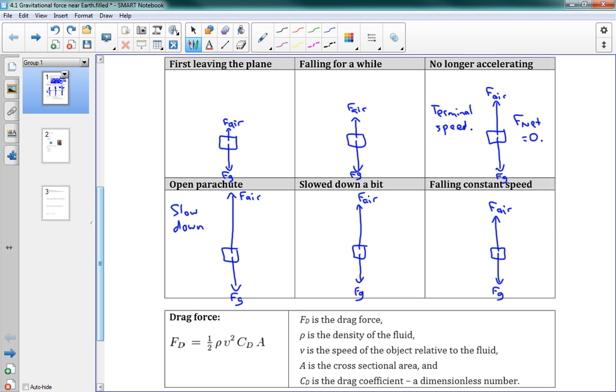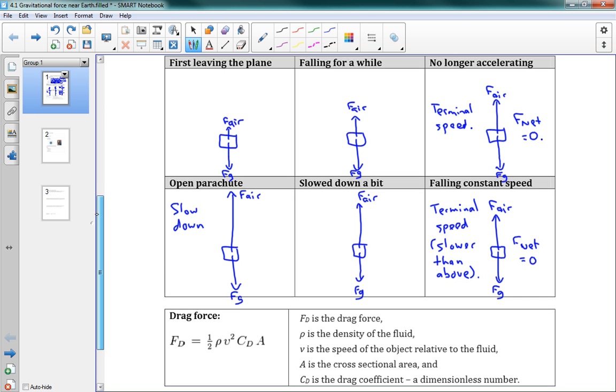The air resistance stays constant. The gravity stays constant. My net force is equal to 0. And again, I'm at terminal speed. And this new terminal speed, with my larger cross-sectional area, is slower than the last time that we had terminal speed.